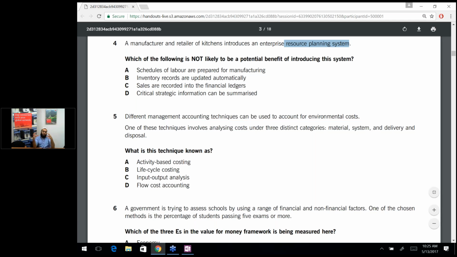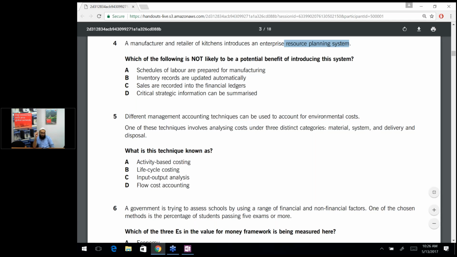That is, it integrates production, human resource, finance, marketing. It integrates every department. So these are the software that integrate the entire departments of the organization.